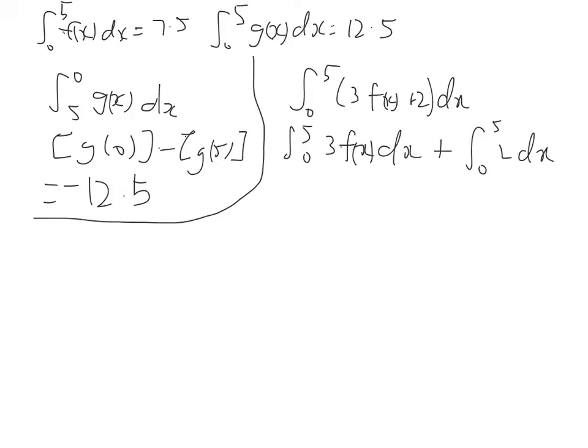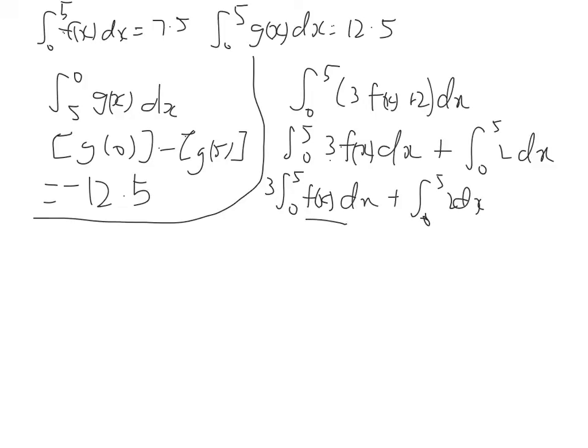From there, we can simplify even further. We bring this 3 to the front. So we've got a 3, 5, 0, f(x) dx plus, same deal here, 5 and 0 of 2, with respect to dx.